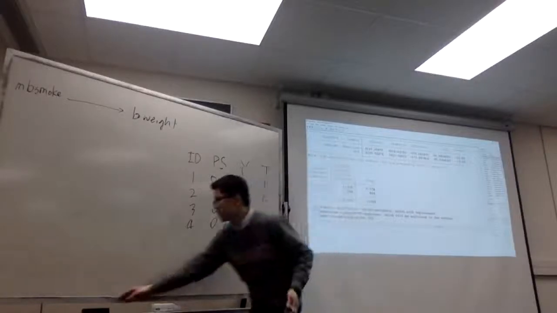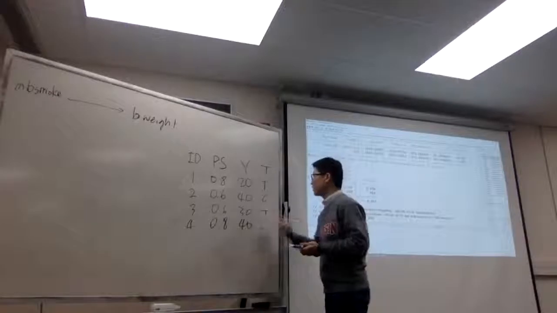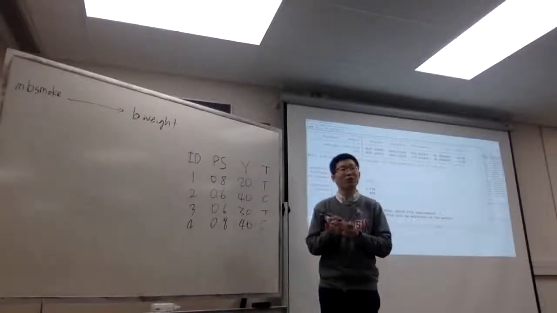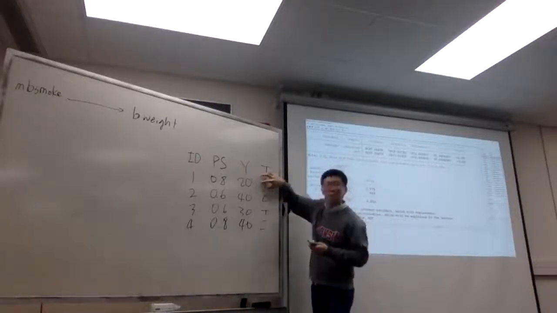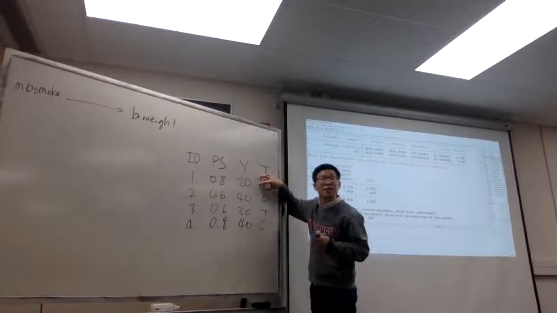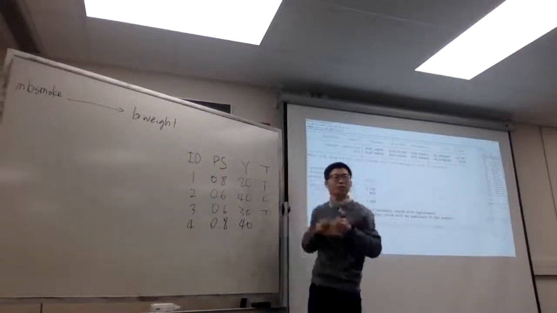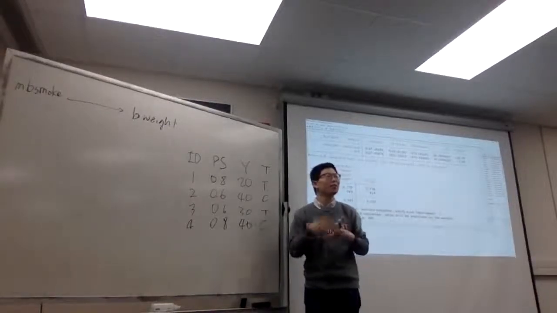Oh, sorry. Treated, controlled, treated, controlled. So what you're doing in this method is that from the perspective of treated cases, you are trying to find a match, a good comparable case from the control group.